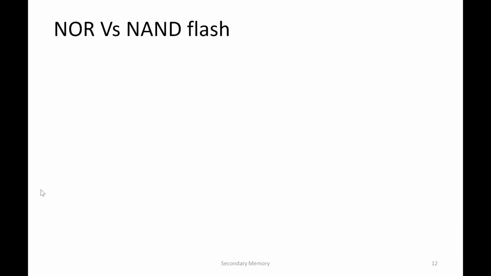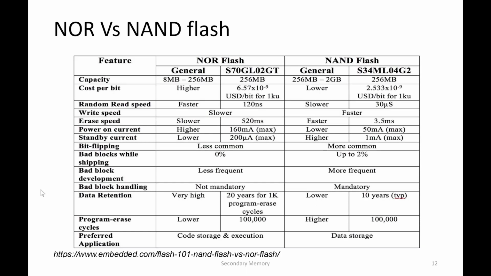Before that, a quick comparison between the NOR flash and NAND flash. Because of the underlying arrangement difference, both have pros and cons. Let's look at them. NAND flash tends to have higher density than NOR flash. The cost of NAND flash is lower, meaning it is cheaper than NOR flash.